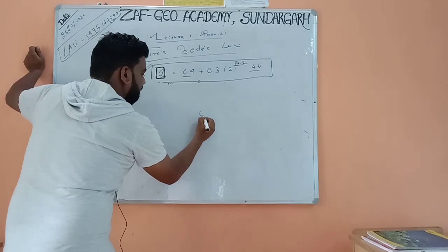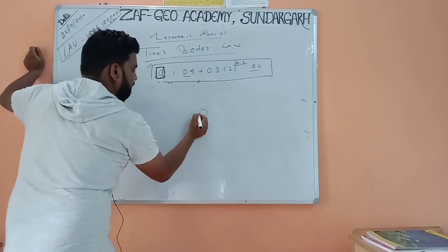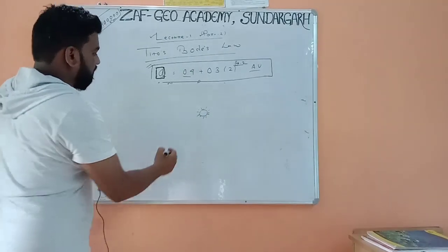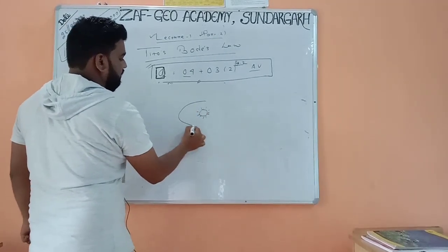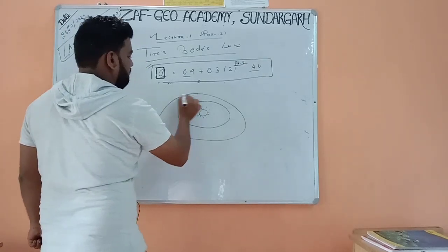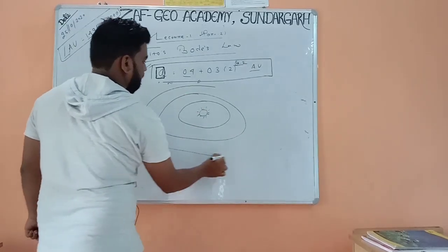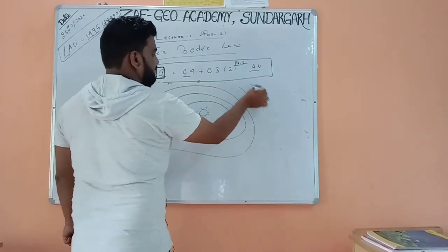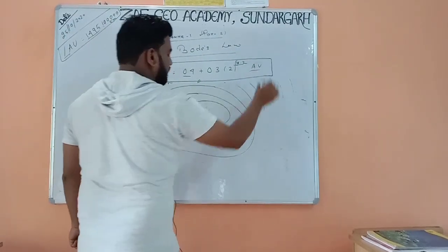If this is our Sun, so this is Mercury, this is Venus, this is Earth, and so on, Mars, Jupiter, Saturn, Uranus, Neptune, Pluto, like that.